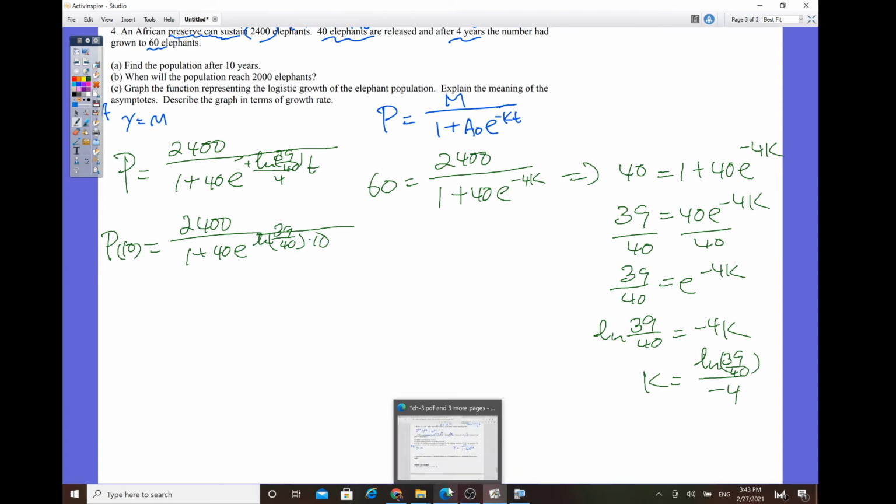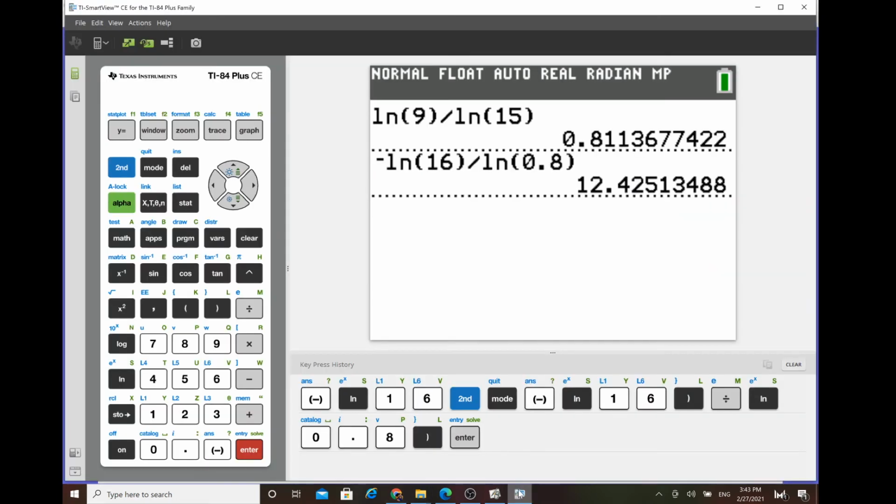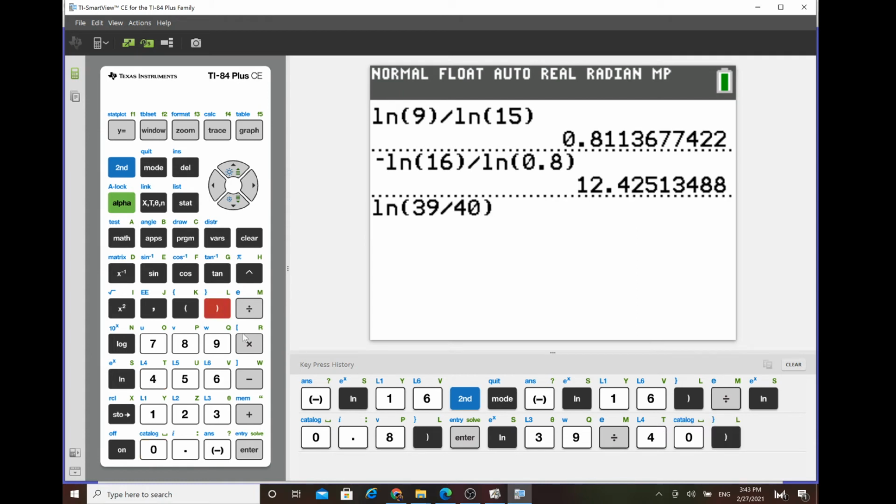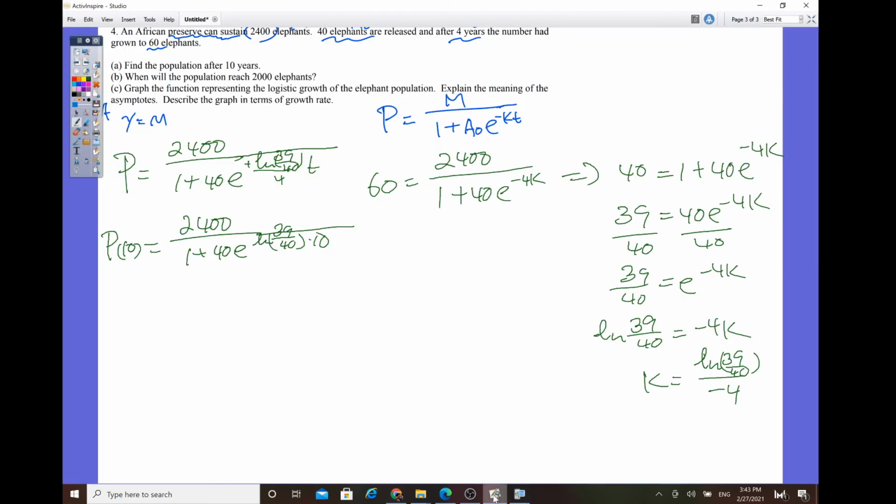On the calculator you can just set up the model. The value of k is a kind of weird number, so you can always start with the calculator like this. Natural log of 39 over 40 divided by negative 4.